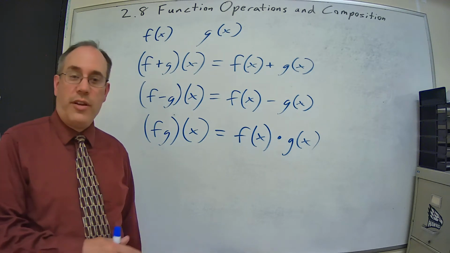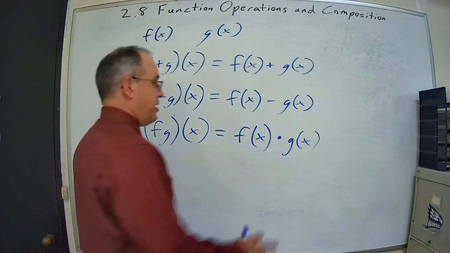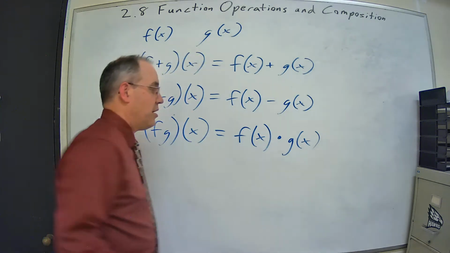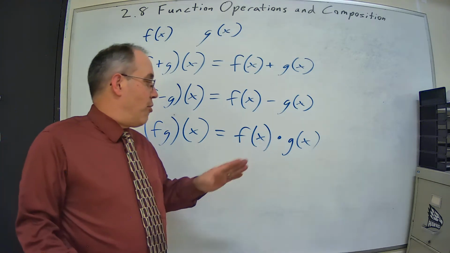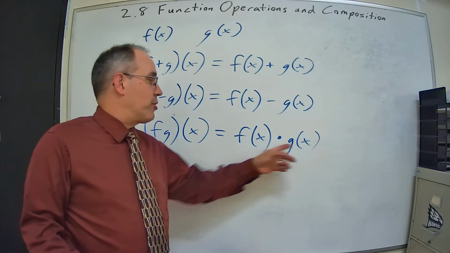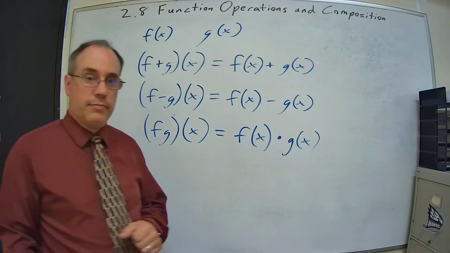And again, we run into the fact that the domain is the intersection of those two functions. So any value that does not work for one of those does not work for the product.